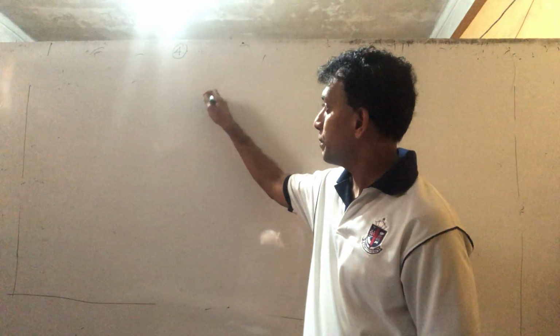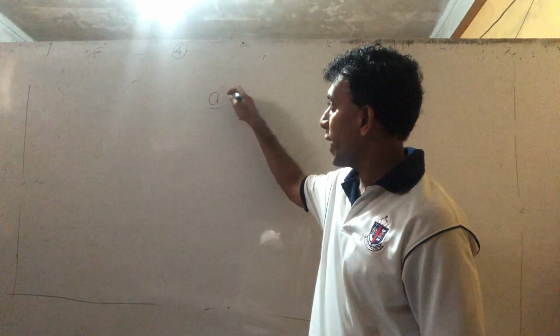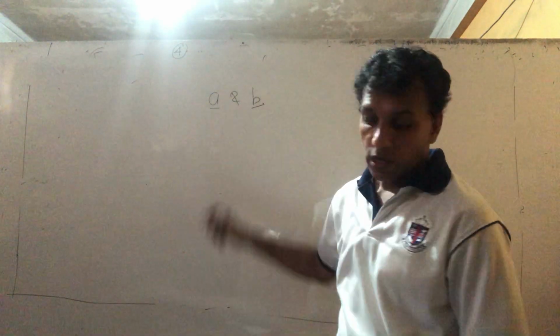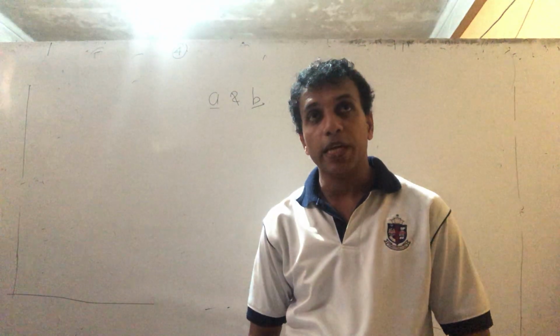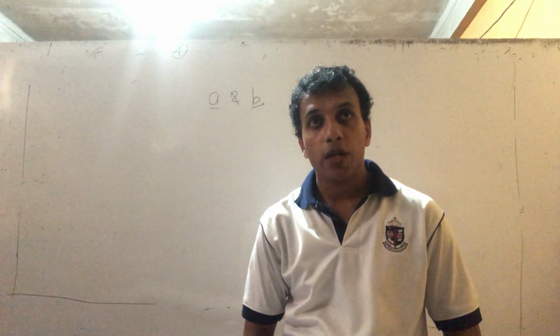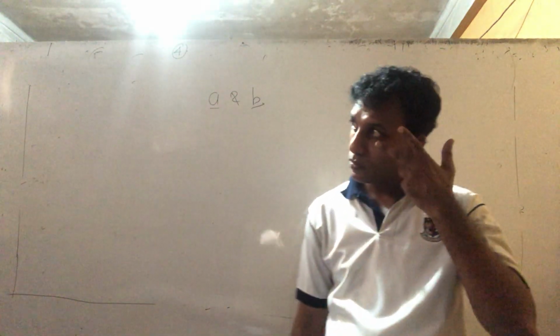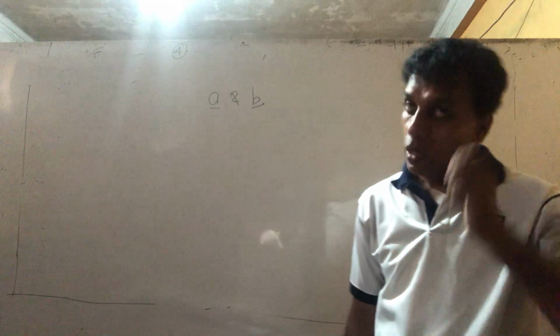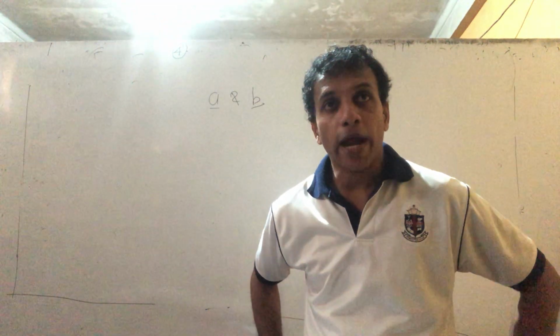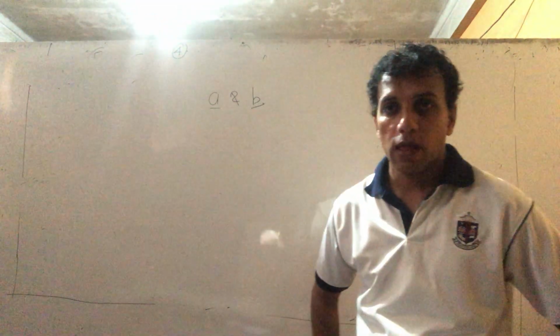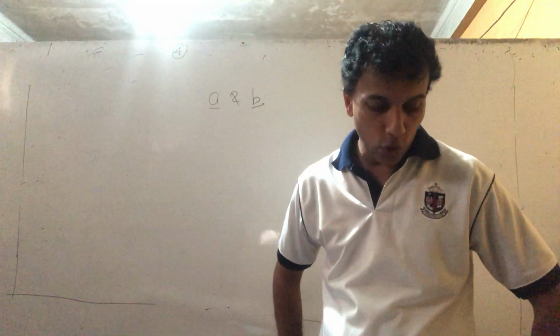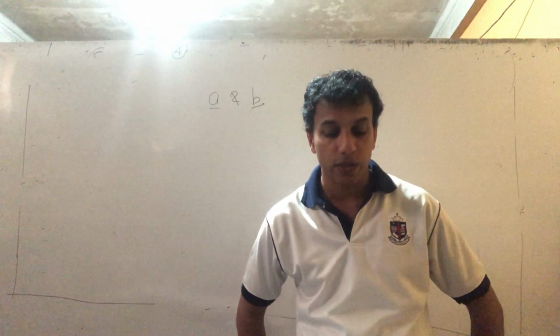Vector A and vector B are two non-zero, non-parallel vectors.